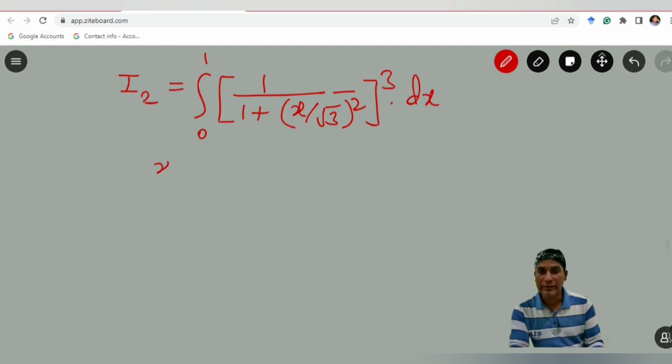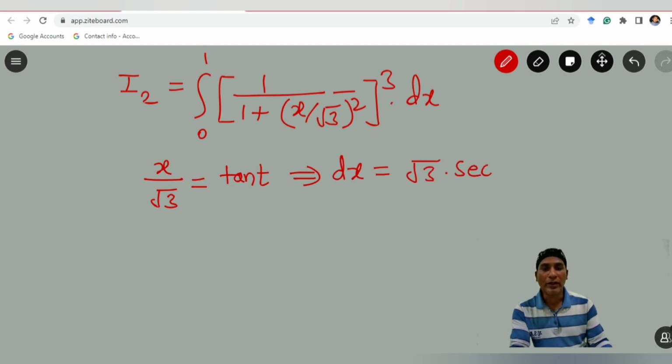Therefore, substituting x over root 3 as tan t, we get our differential dx as square root of 3 into sec square t dt. Accordingly, the limits of integration will change. So the new limits of t will be from 0 to pi over 6.